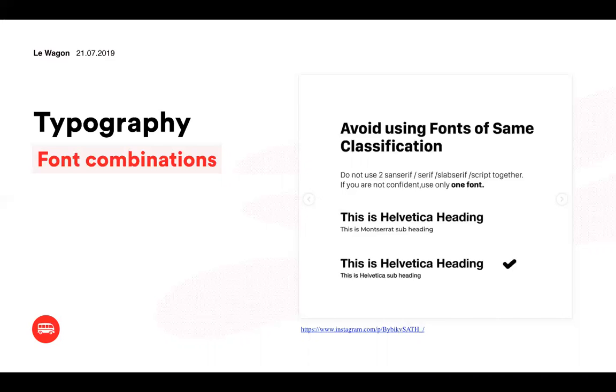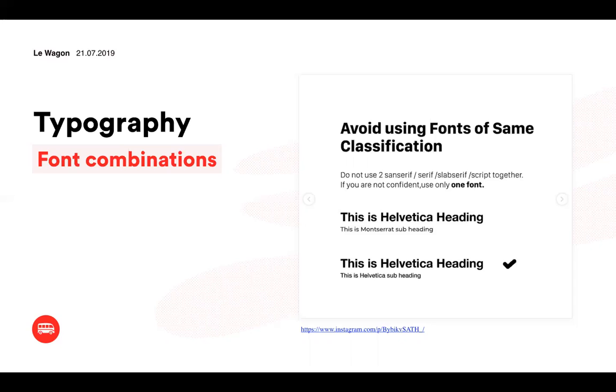But it feels a bit weird because Helvetica is a bit more narrow and Montserrat is a bit, how can I call it, wider. So your design doesn't feel so good. But if you look at the example on the bottom, you just repeat Helvetica for the heading and for the subheading. So what's the trick here?